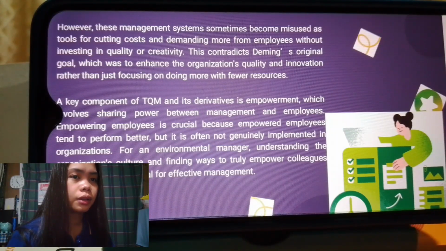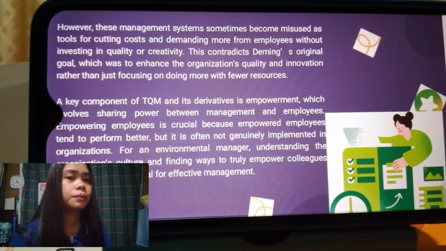This contradicts the original goals, which were to enhance an organization's quality and innovation rather than focusing on doing more with fewer resources. Aside from innovation, look at companies that innovated, like Nokia and Toyota, with innovations in their products. Nokia seemed to disappear. And now, I don't know if it's still the same, but their way of innovating is different, with a higher standard, for example in Toyota.